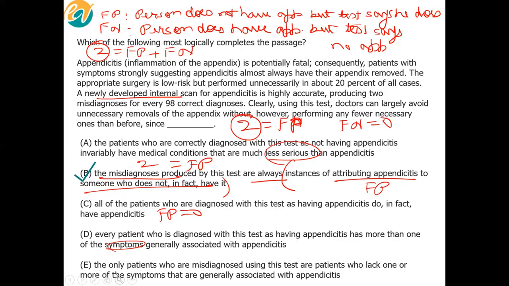If the test is saying negative, then the person should not have appendicitis. In A, they are saying that if the patient is correctly diagnosed with this test as not having appendicitis, he will invariably have a medical condition much less serious than appendicitis. So he's not having appendicitis.